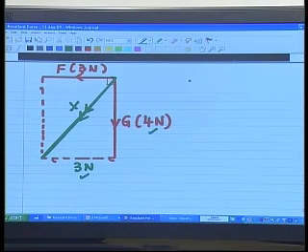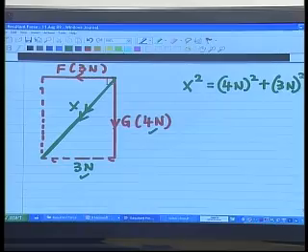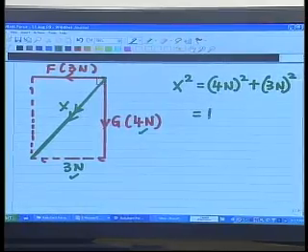So what is x? From the Theorem of Pythagoras, x squared equals 4 newtons squared plus 3 newtons squared.